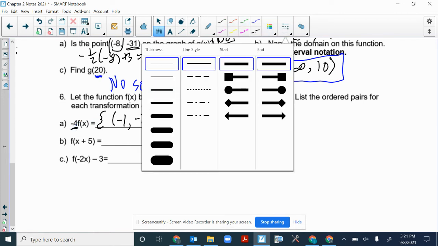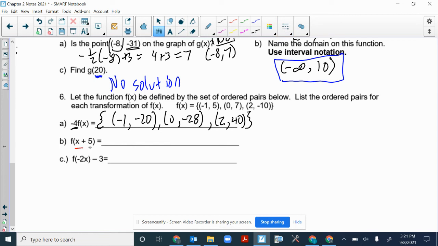All right, the next one is now the transformation x plus 5. So f of x plus 5. Whenever you see x plus 5, it's talking horizontal shift, and it would be to the left 5. So if you take all your original coordinate points and you move them left 5, that means you would take your x value and subtract 5.